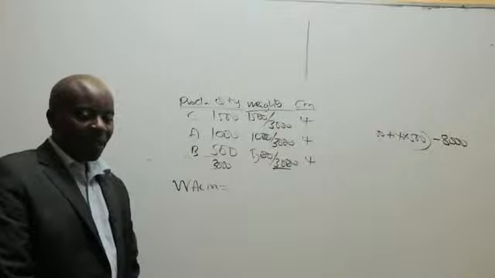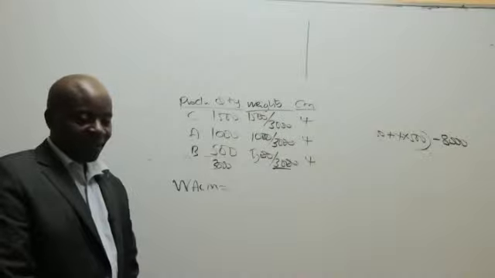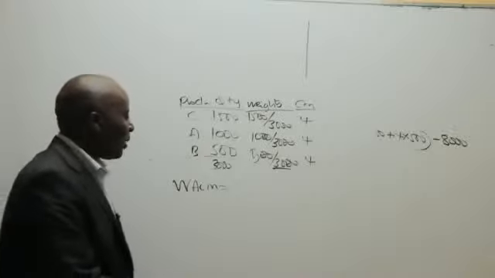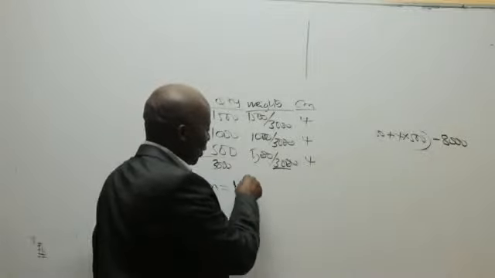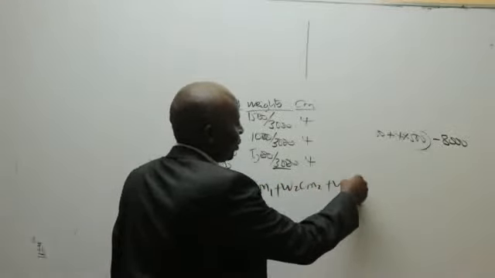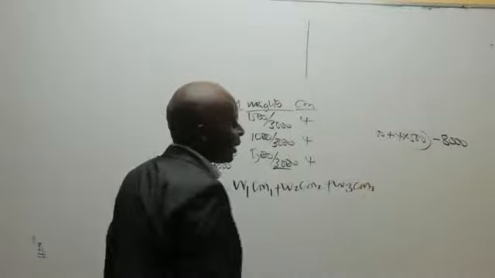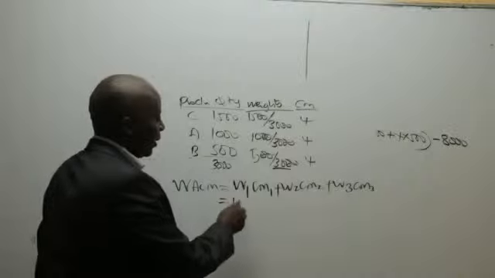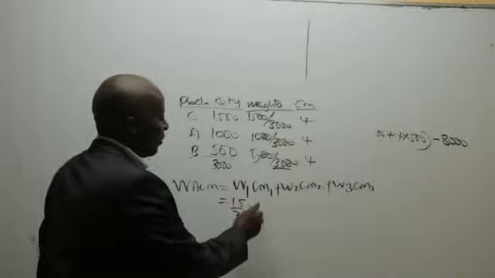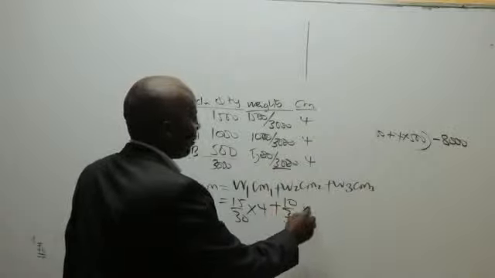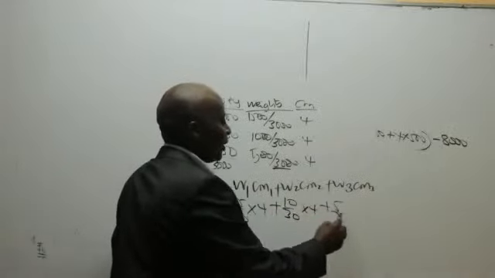It's all about just attaching the weights. So take the weight of product 1 times CM1, plus weight 2 times CM2, plus weight 3 times CM3. So weight 1 is 15 over 30 times CM1, which is 4, plus 10 over 30 times 4, plus 5 over 30 times 4.